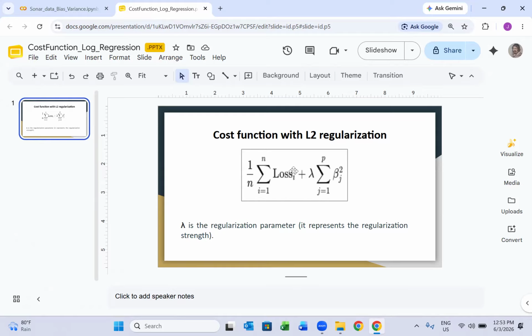Now, one thing I wanted to mention is that on purpose, I did not specify the formula for the loss function. I only called it loss, because explaining the formula for the loss function will require a separate discussion. So I just wanted to call it loss function for this video. Anyway, what's the role of lambda in this cost function?